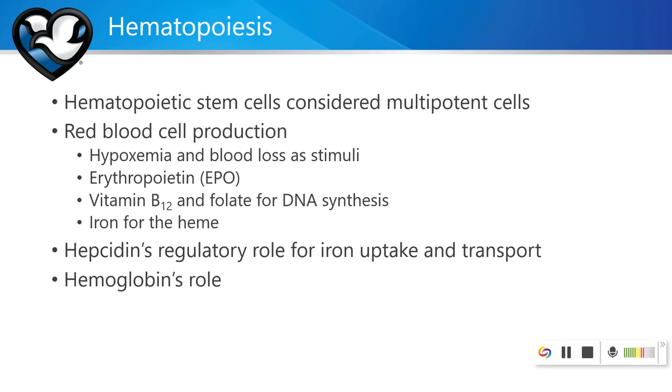Hepcidin is a protein in the liver that tightly regulates iron uptake and transport in several places, such as the duodenum, liver, or spleen. When the iron levels are high, the hepcidin also increases and binds to ferroportin, inhibiting transport action across the cell membrane so that less iron is absorbed.